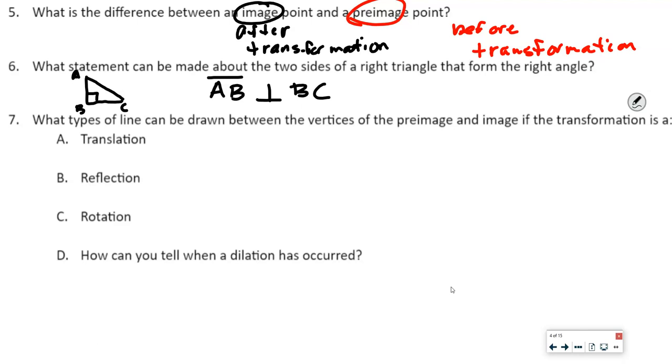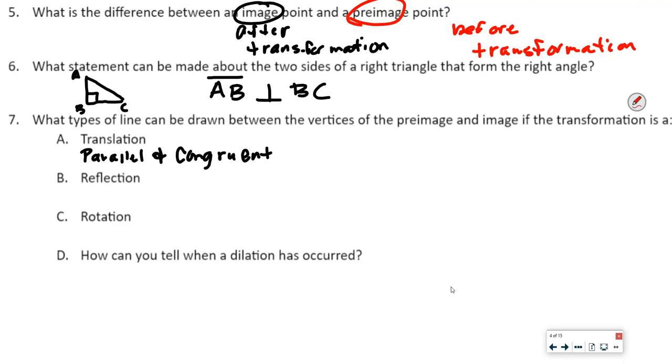Number 7 says, what types of lines can be drawn between vertices of the preimage and the image of a transformation? If the transformation is a translation, these lines would be parallel and congruent. So this is the one that makes a 3D image.